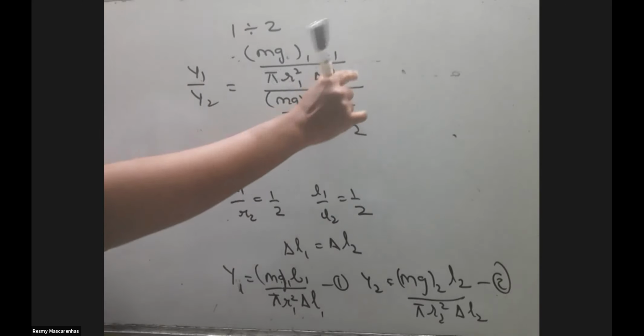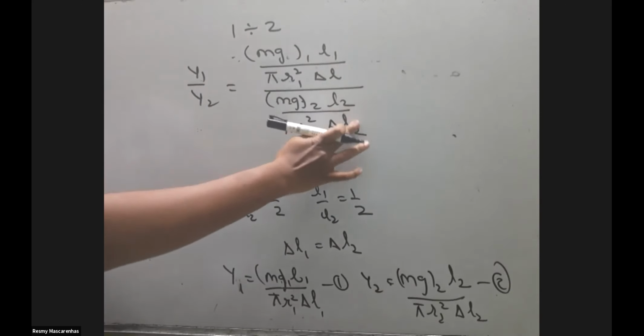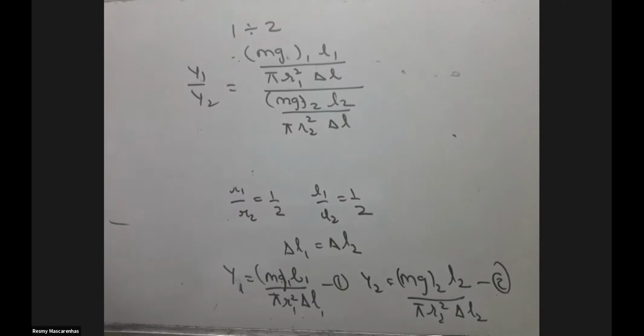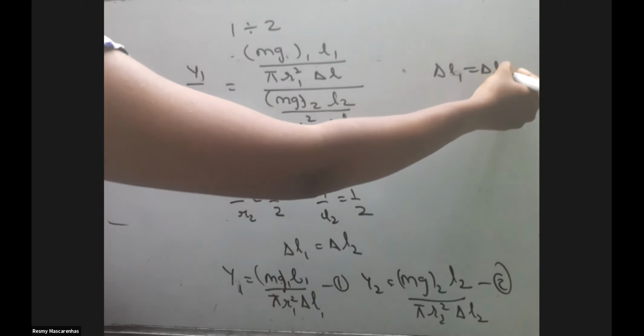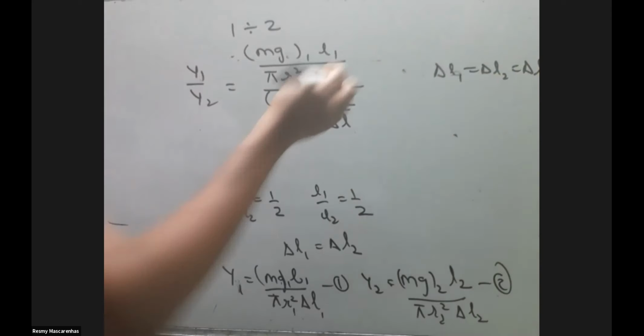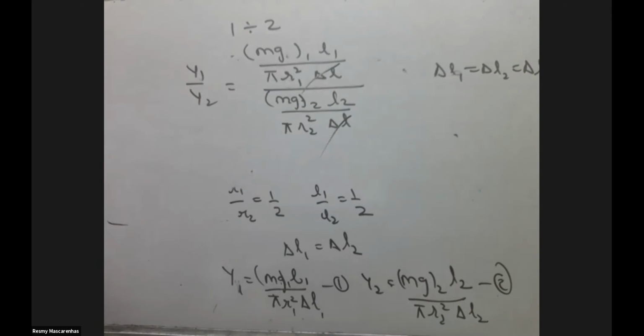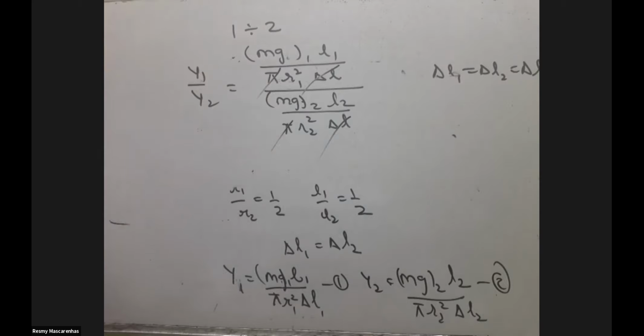Now these are equal. So what I can do is just take both as delta L only. So delta L1 is equals to delta L2, and take it as delta L. So this and this will cancel. Pi and pi will cancel. If you want, you can calculate g and g also, because gravity 9.8 will remain the same.